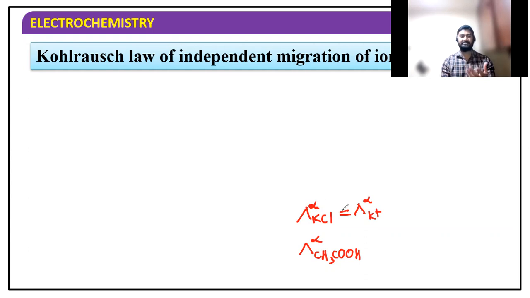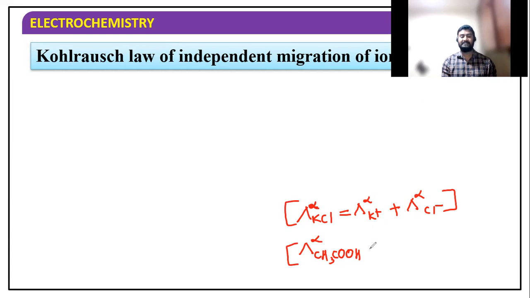Basically infinity implies that. So for a salt like KCl, the molar conductance at infinite dilution will be the summation of the conductance values of their individual ions, which is lambda m infinity of K plus and lambda m infinity for Cl minus. For a strong electrolyte it's already broken, we know that, but this is true also for a weak electrolyte.